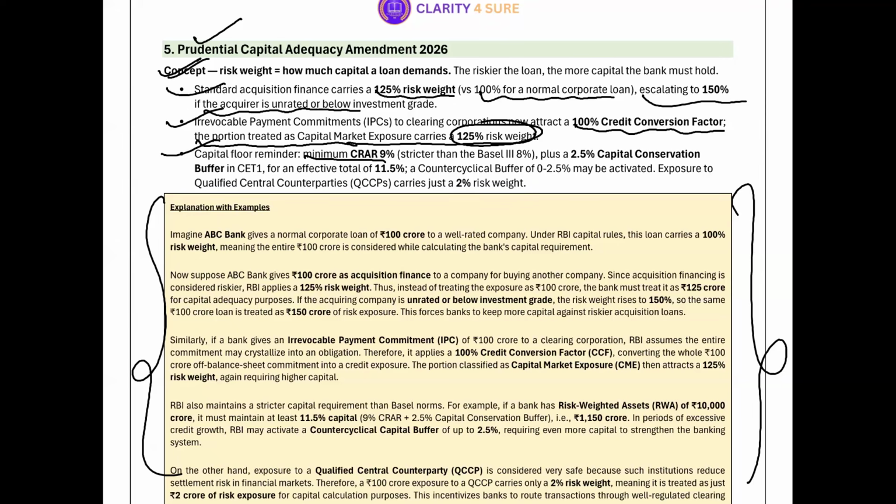That is 9%, which is stricter than the Basel 3 norms, which is 8%। Is it clear? कितना है? 9%। plus 2.5% capital conservation buffer in CET1 for an effective total 11.5 हो गया। 2.5 extra रखना है for capital conservation buffer for CET1। A countercyclical buffer which is 0 से 2.5% may be activated. Exposure to qualified central counterparties, that is QCCP, carries just 2% risk weight, right?